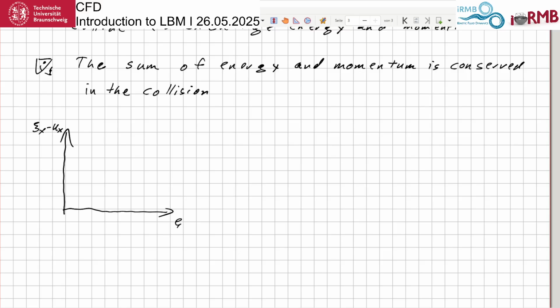And this here is Xy minus Uy. By the way, since there are two particles colliding, we can always define a plane in which they are colliding.